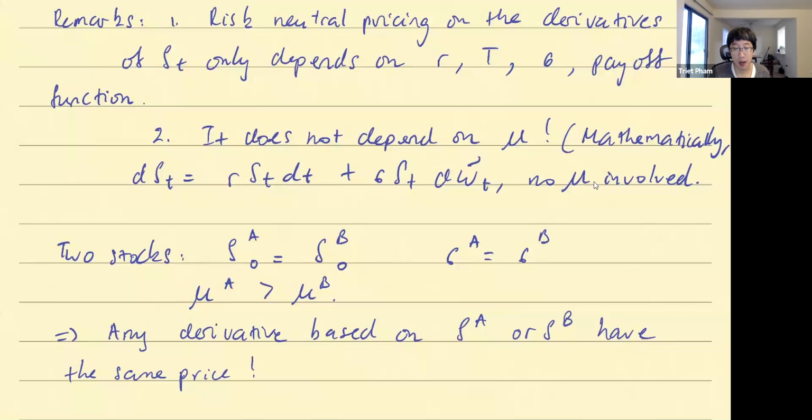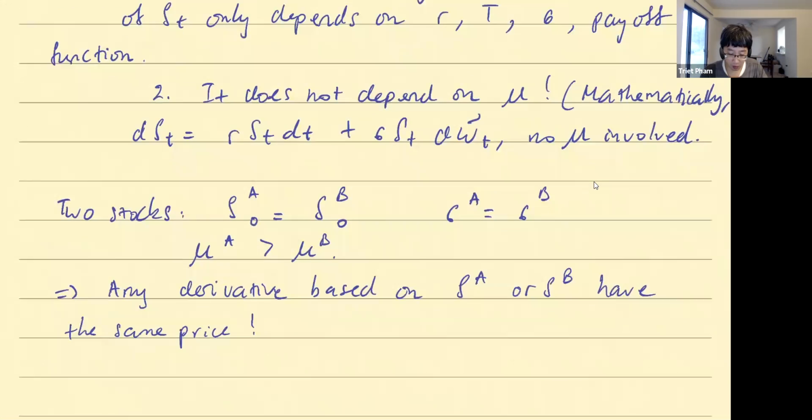So in some sense, stock A is supposed to perform better than stock B, but the risk neutral pricing doesn't care for that. It says that the derivative on either of the stock would be the same. So you cannot even see the difference by just looking at the derivative price based on these two companies.